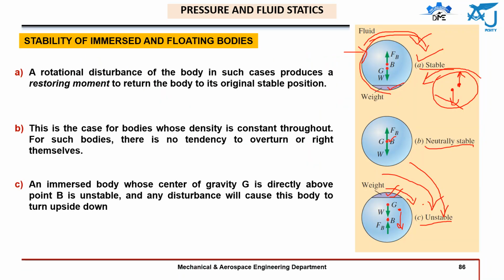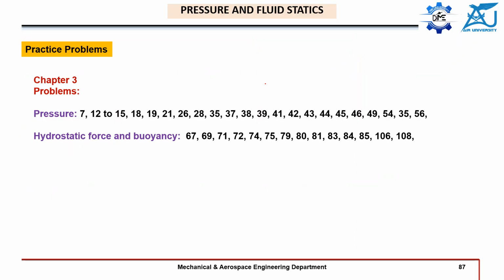Normally the boats and the bodies which need to travel on the sea have the stable condition. We want it to have this condition, so that if any kind of disturbance occurs, the boat stabilizes itself. So that was it for this chapter.